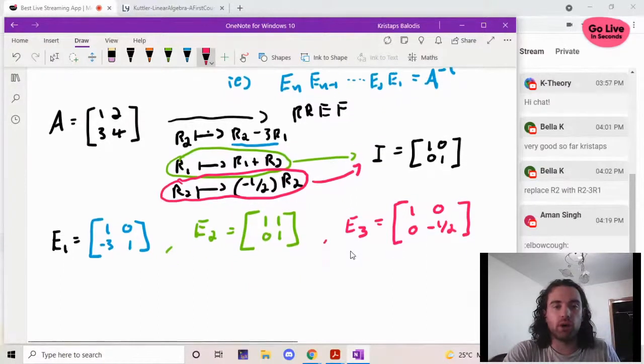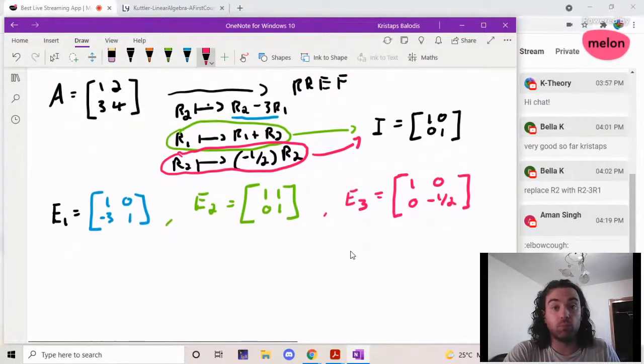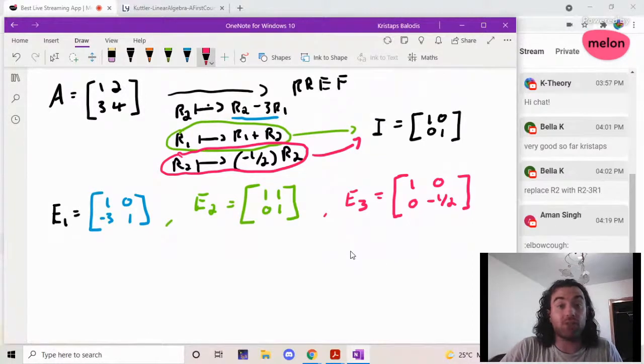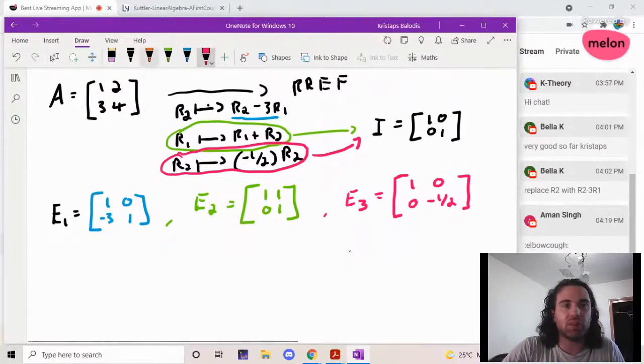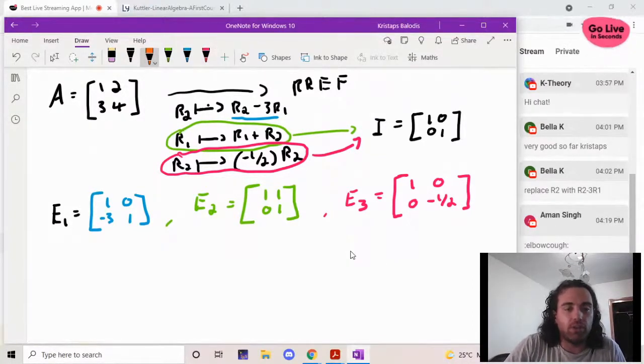So if what I told you is right, if I haven't been lying to you this whole time, then it should be true that E3 times E2 times E1, and remember the order you put them in is important because of matrix multiplication.